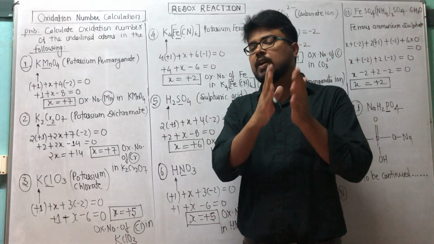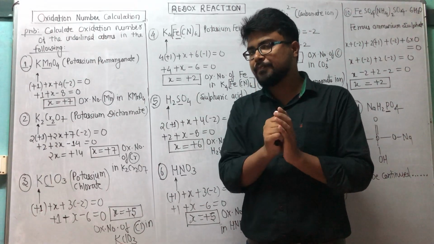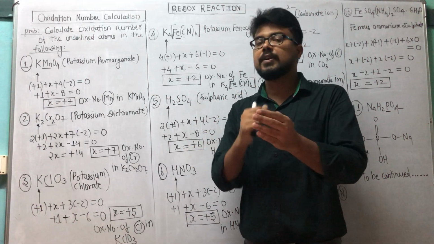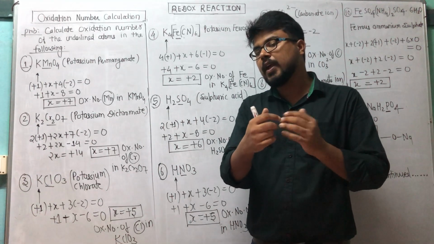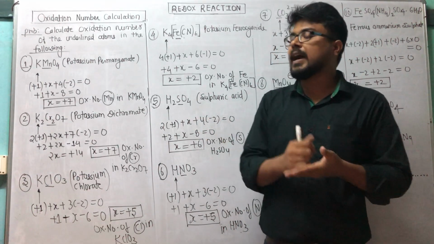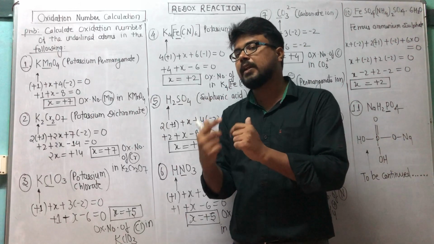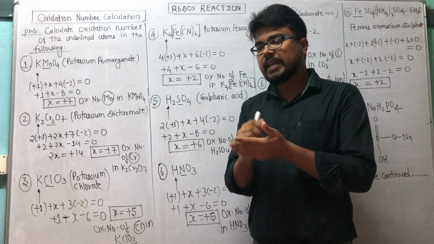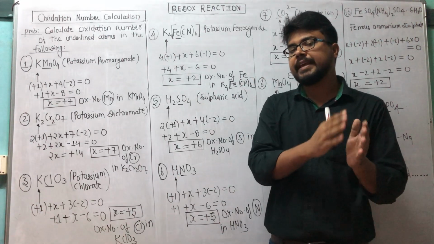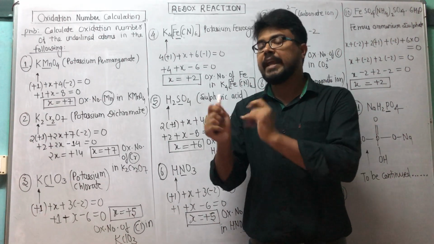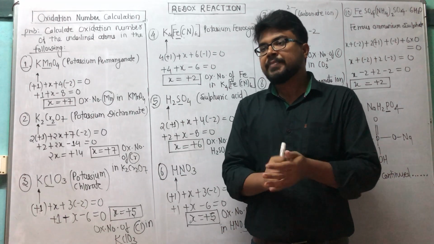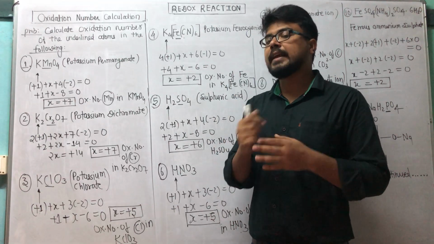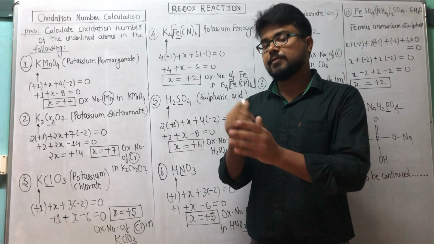Students, the oxidation number of an atom is 0 because there is no charge. The oxidation number of a molecule is 0 because there is no charge also. Next, the oxidation number of an ion is whatever the charge of that particular ion is, because as per definition, oxidation number is the total actual charge present on the species. The oxidation number of an alkali metal in its compounds is +1.